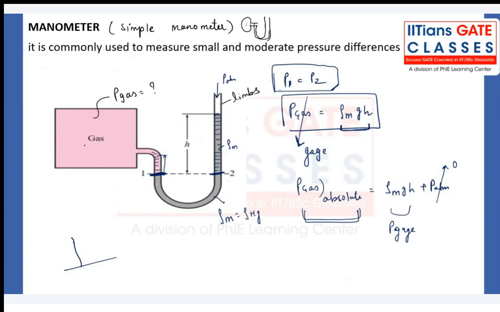Pressure of the gas is very, very high. Remember, gas pressure is very high compared to PATM. That's why this liquid is pushing the manometric fluid to the right side, and that's why the right-side liquid is rising, right?